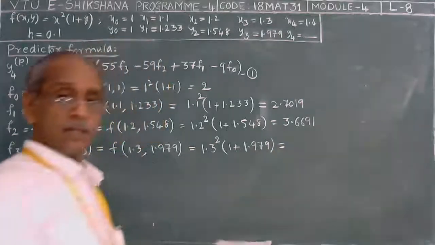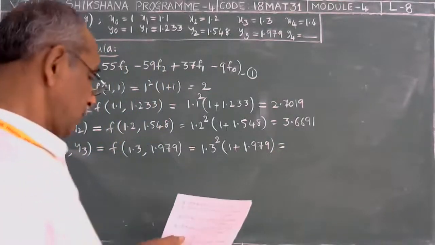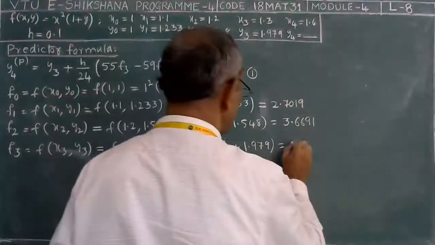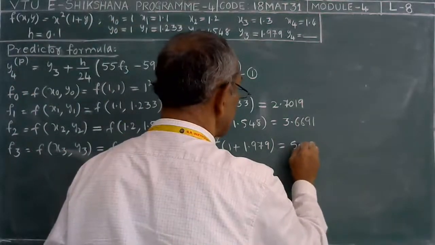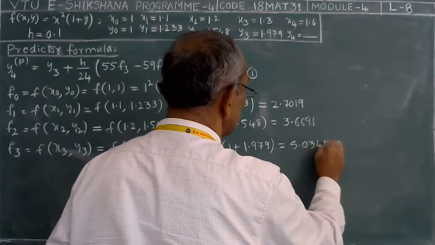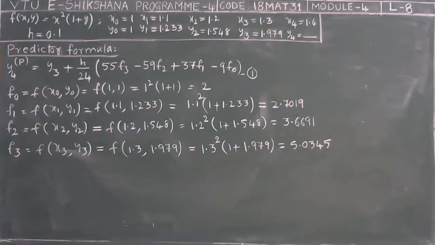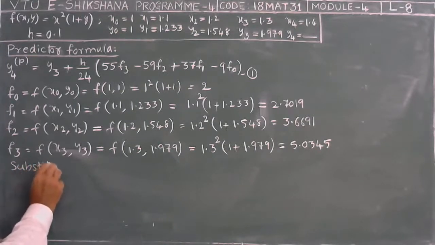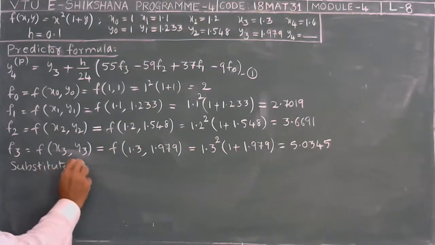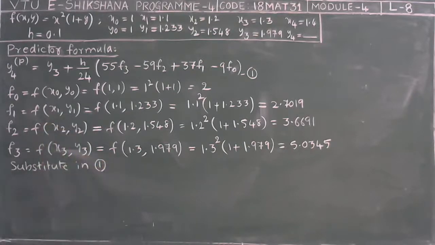Using calculator, if you calculate carefully, you get f3 is equal to 5.0345. Let us substitute in the equation 1.